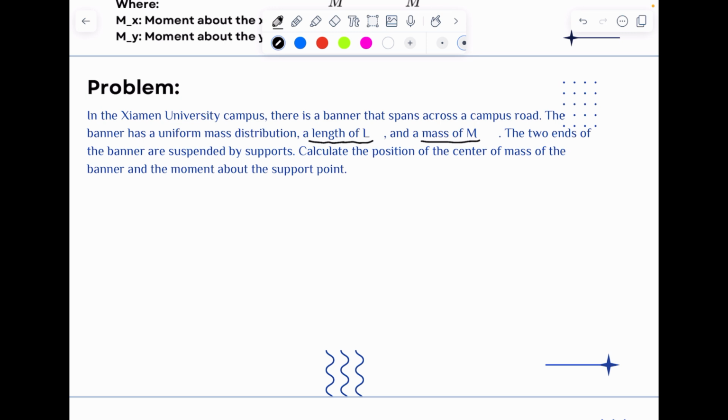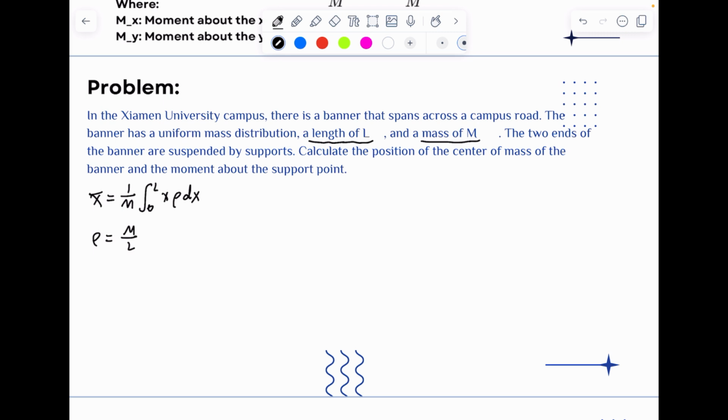We just use the formula, x bar equals 1 over M times the integral from 0 to L of x rho dx, and we know that rho equals M over L here.